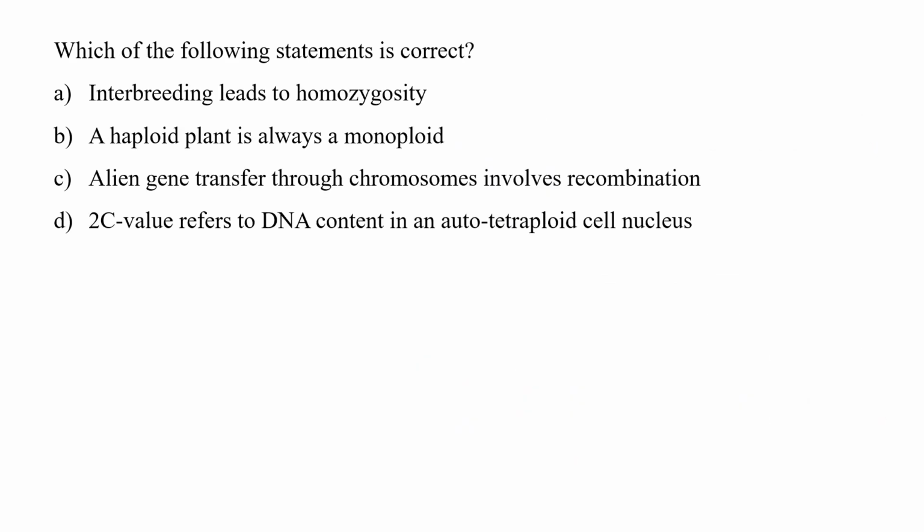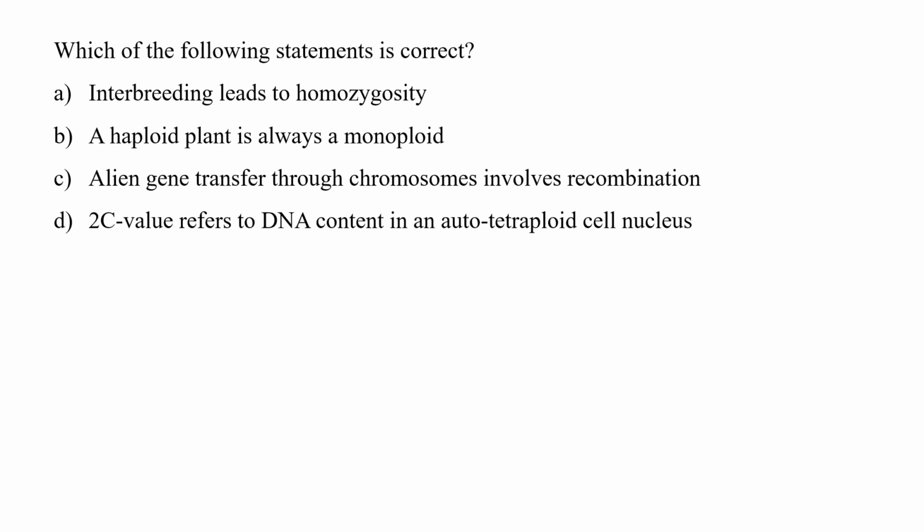Now the next question is, which one of the following statements is correct? A, interbreeding leads to homozygosity. B, a haploid plant is always a monoploid. C, alien gene transfer through chromosomes involves recombination. And D, 2C value refers to DNA content in an autotetraploid cell nucleus.